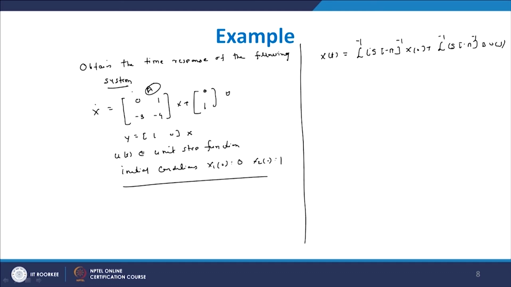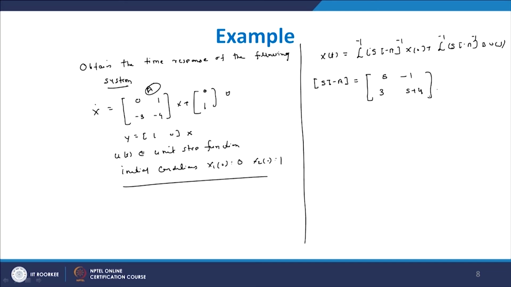So, A is this one, the A matrix is [0, 1; -3, -4]. First of all we write down sI minus A, which equals [s, -1; 3, s plus 4].